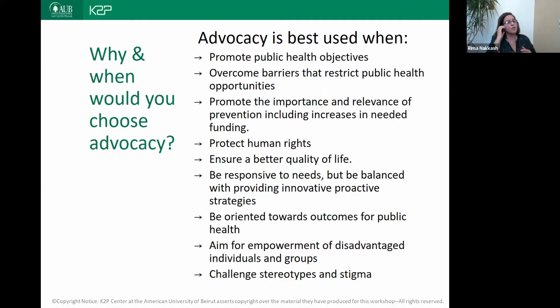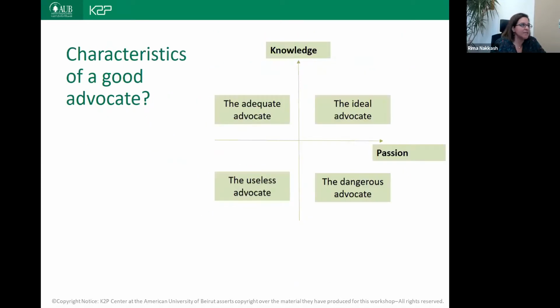You would choose it in situations where you want to promote a public health objective, there are barriers restricting this objective, there is opposition, and you are working on turning a certain agenda to get closer to a public health policy outcome. So it's very important to think about those aspects when identifying topics for which advocacy is needed.